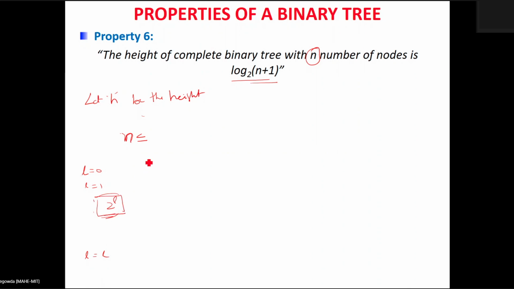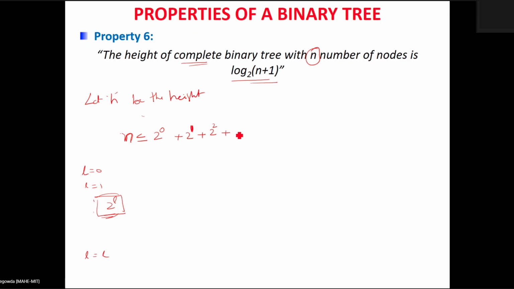So how do you calculate the total number of nodes? The number of nodes at level 0 is 2 power of 0, plus the number of nodes at level 1, which is 2 power of 1, plus the number of nodes at level 2, which is 2 power of 2. This holds good for the complete binary tree.